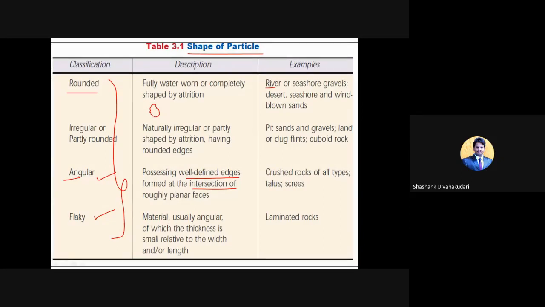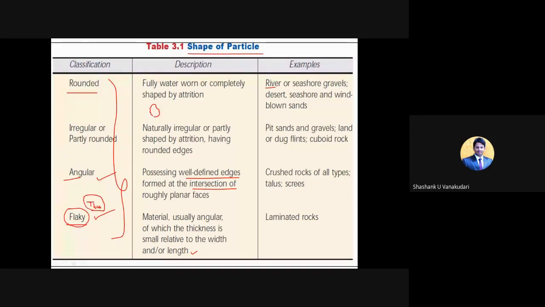And then flaky: the material is usually angular, of which the thickness is smaller relative to the width or length. For this you have certain tests to conduct for flaky as well as elongated materials. Flaky is purely with respect to the thickness of the aggregates. Clear how much thickness it should be, so that it will give the bonding.